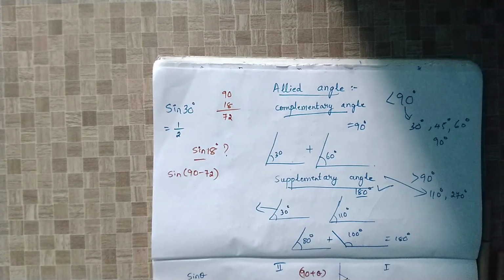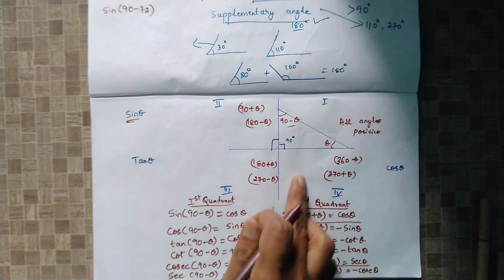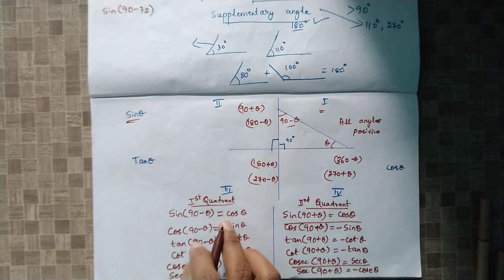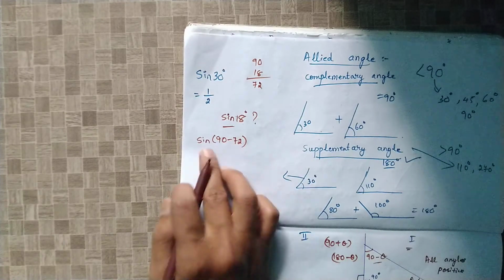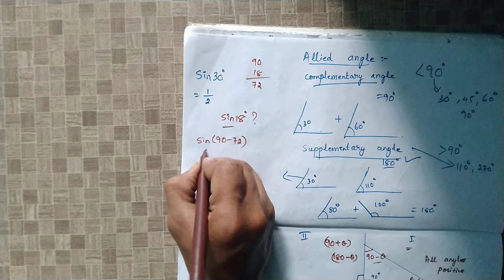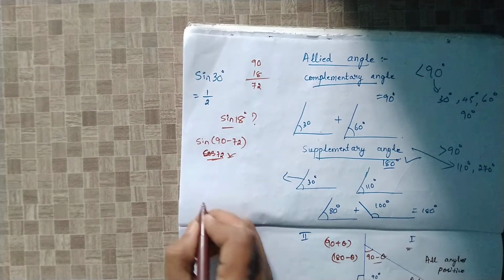Understand? Then sine of 90 minus theta is in the first quadrant. If you see, sine of 90 minus theta is cos theta. So here theta is 72. Sine of 90 minus 72 becomes cos of 72. It is the right answer.